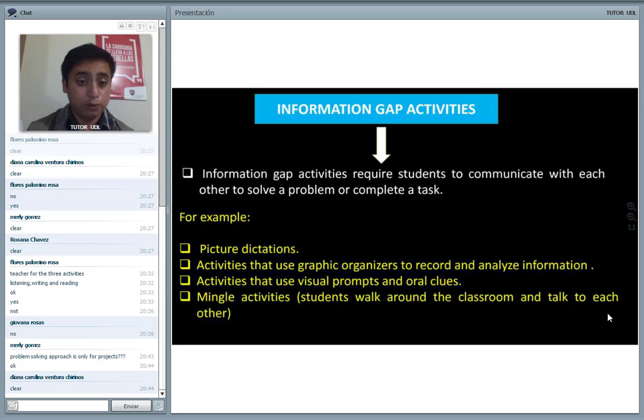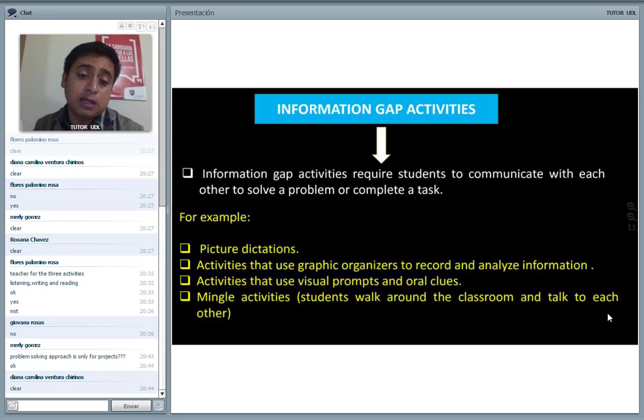For example, one kind of information gap activity can be picture dictations. Maybe one student is showing the picture and the other student has to write the word that the picture shows. This is a good way to use information gap activities.